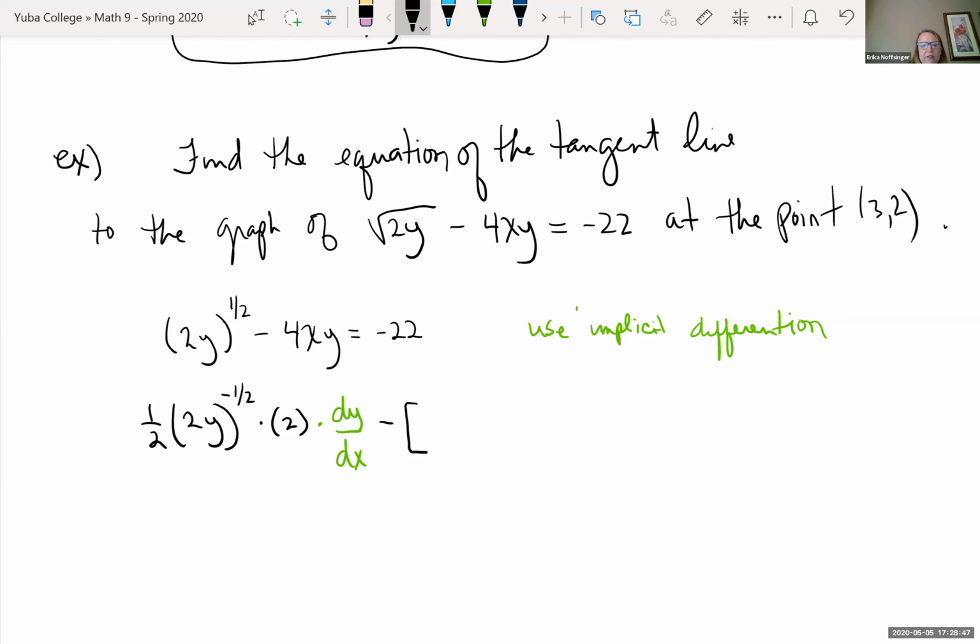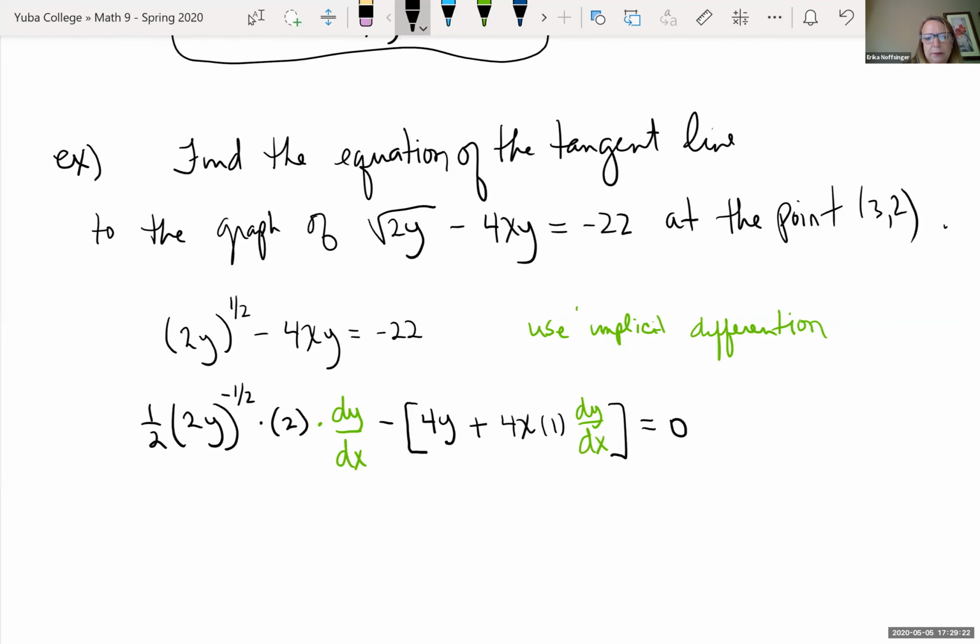So taking the derivative of the first piece, 4x, that gives us 4, times the second piece, y, plus, the first piece is 4x, times the derivative of y, which is 1, dy/dx. Is equal to the derivative of negative 22, which is 0.